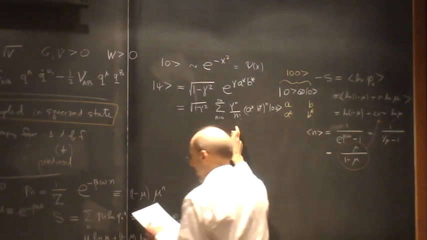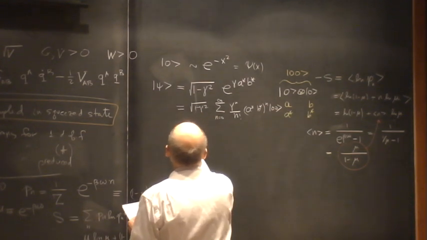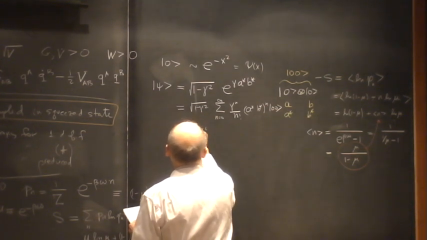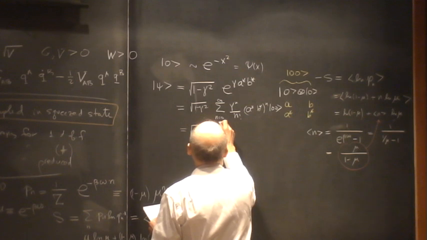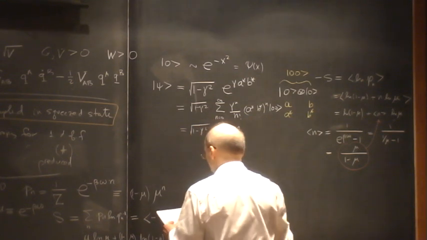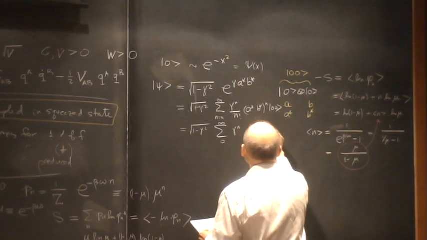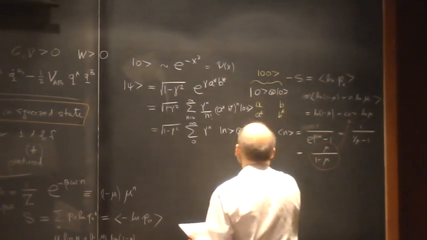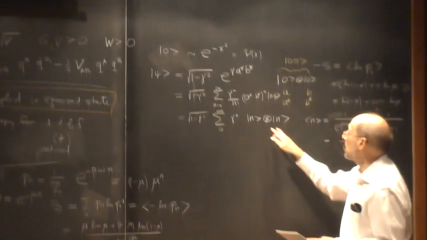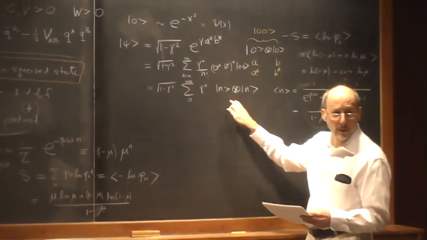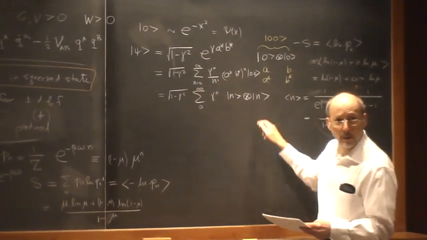And so it'll cancel out, and it'll just be simply the square root of 1 minus gamma squared times the sum from 0 to infinity of gamma to the n times the nth. Oh, I see, I kept the tensor product notation. Times the coupled, the entangled sort of state where it's the nth here and the nth here. Right?